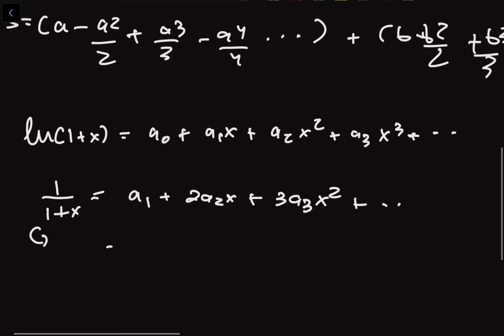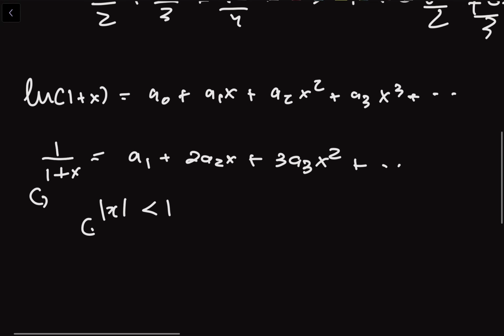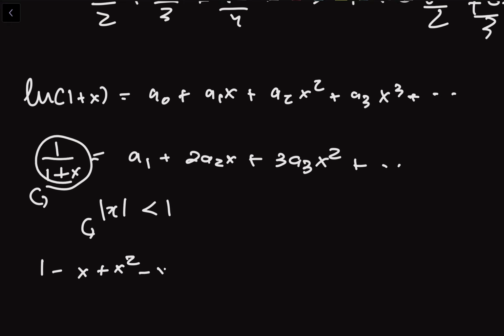Now we know that if mod of x is less than 1, this is the sum of an infinite GP, right? So you can write it as 1 minus x plus x square minus x cubed dot dot dot, where the common ratio is minus x. And the sum just becomes a by 1 minus r, so 1 by 1 plus x is equal to a1 plus twice of a2x plus thrice of a3x square dot dot dot.